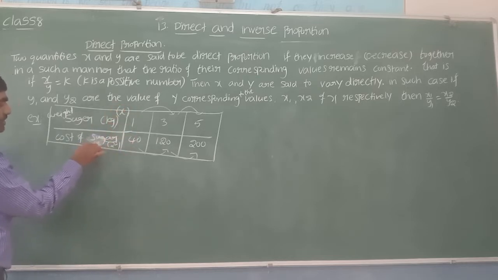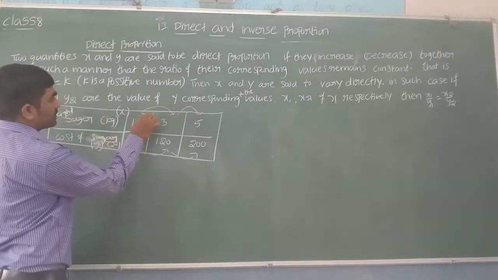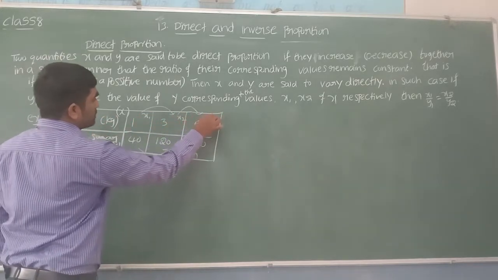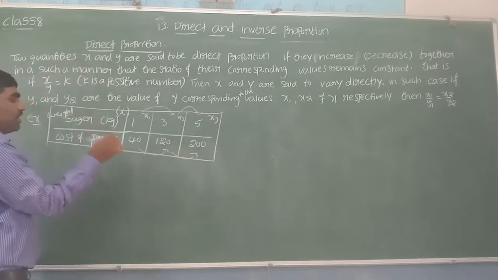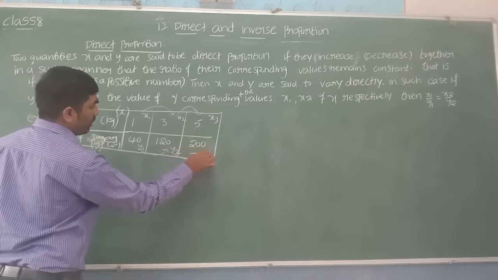and the second quantity is some y, and the corresponding values of x, let me write like x1, x2 and x3, and the corresponding values of y I will write like y1, y2 and y3.